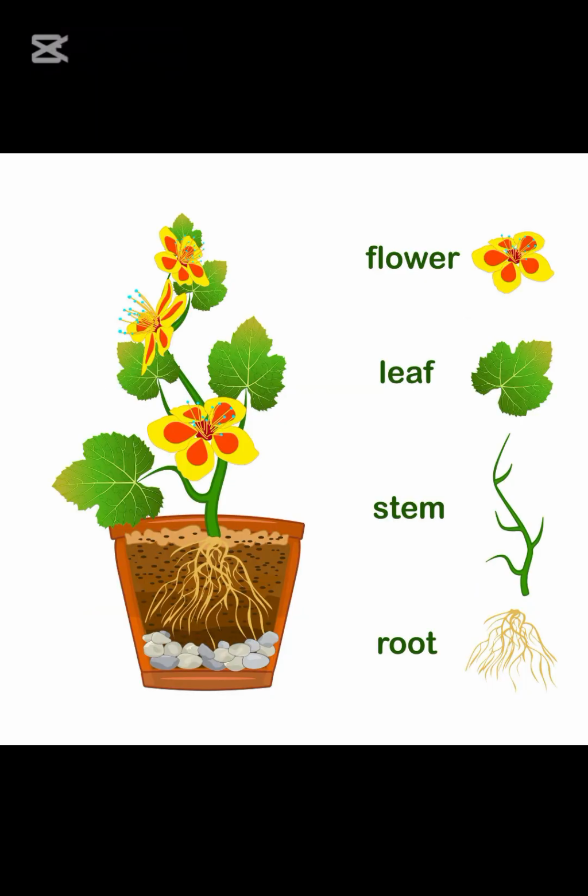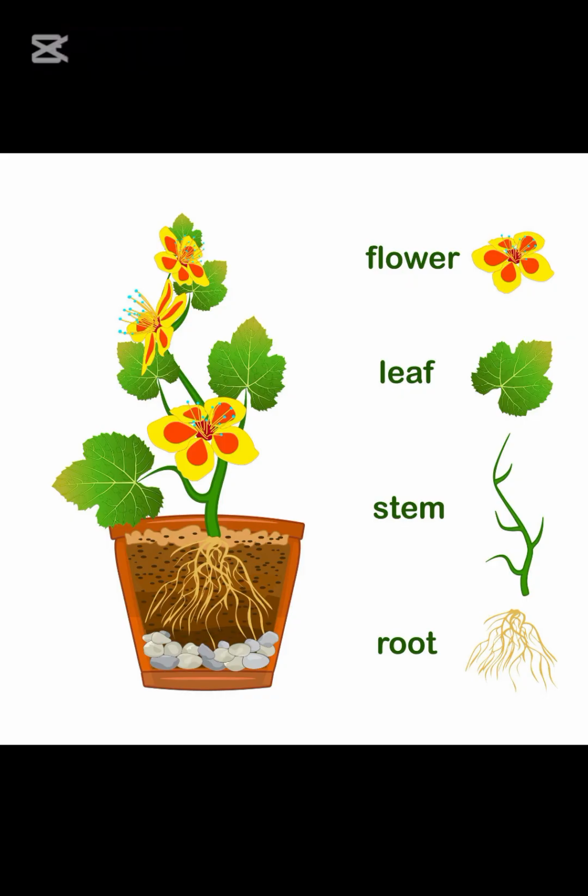You have the stem that is standing tall. That is like the carrier. It is the one carrying the leaves, the fruits, the flower, the seed. So you should know that the major parts are the roots, the stem, the leaves, the flowers, the fruits, and the seeds.